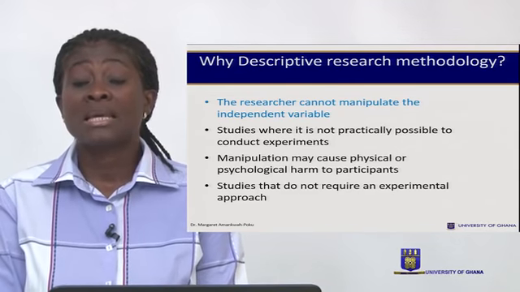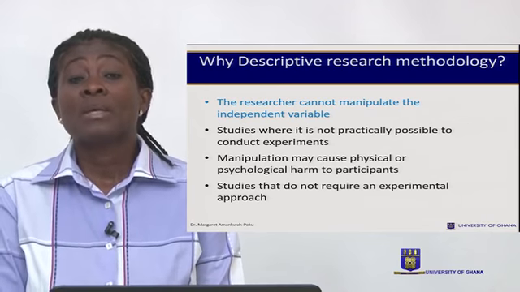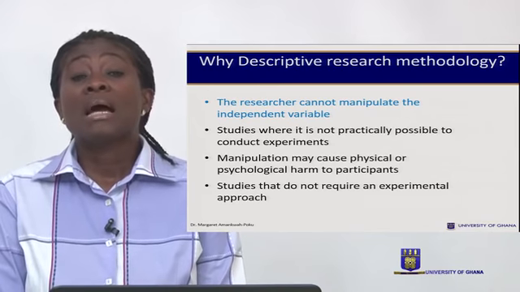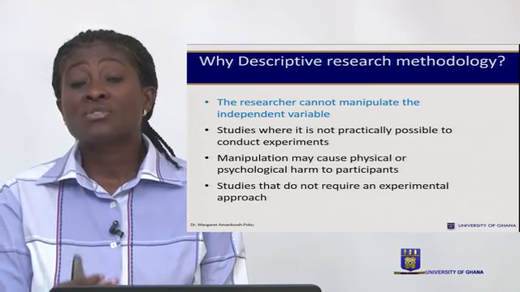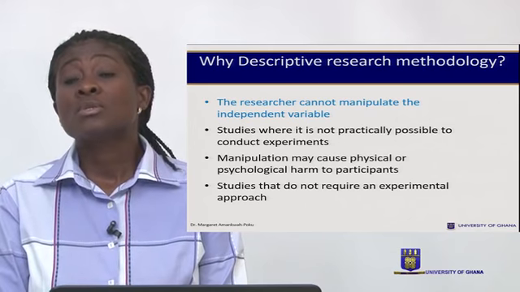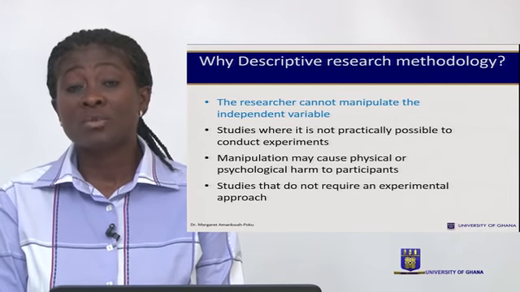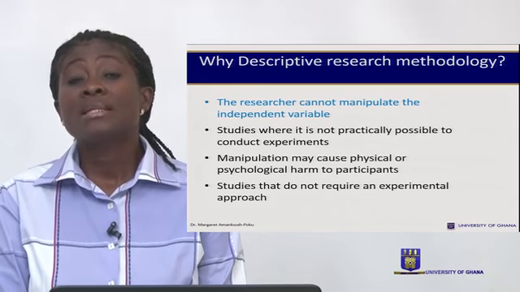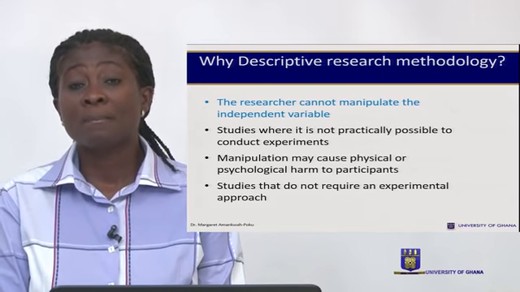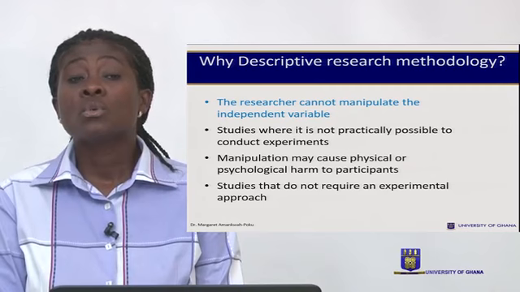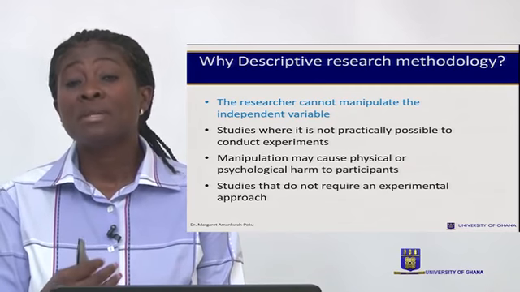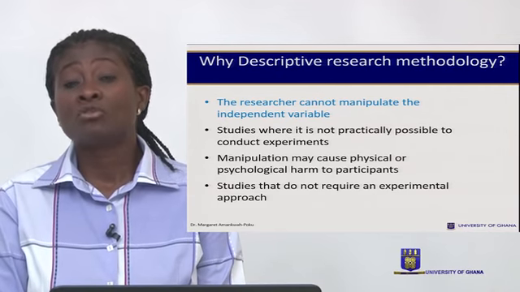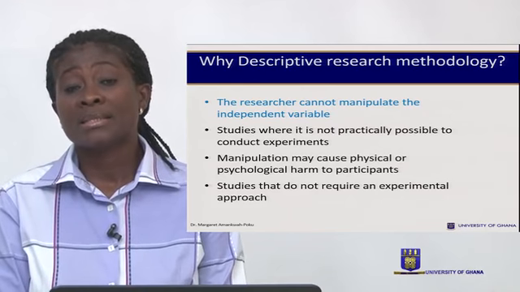So we select a specific drug, like marijuana. Are we going to say that we are going to give this drug to the participants to take and then measure the effect it will have on them? Obviously, this can cause psychological harm to them. So in this case, we'll just have to find people who have already been involved in being on drugs, and then we assess them.